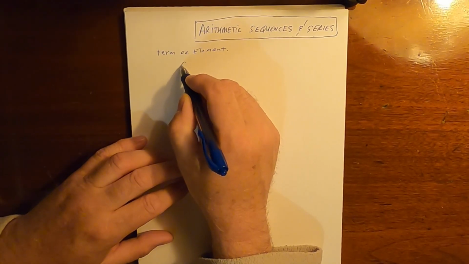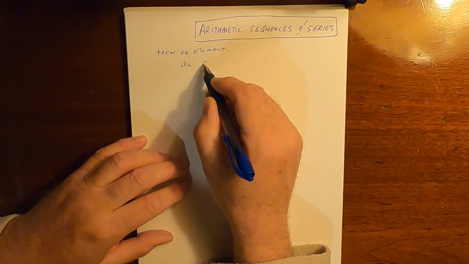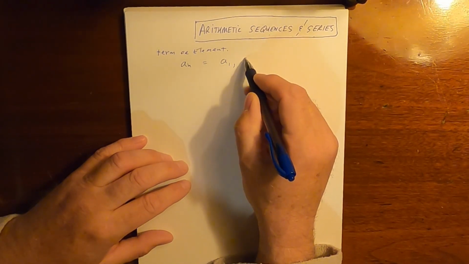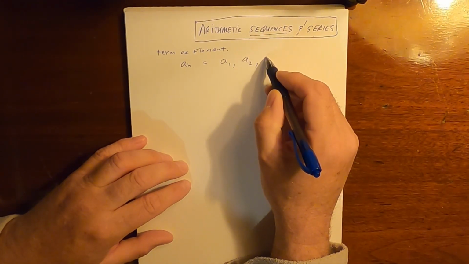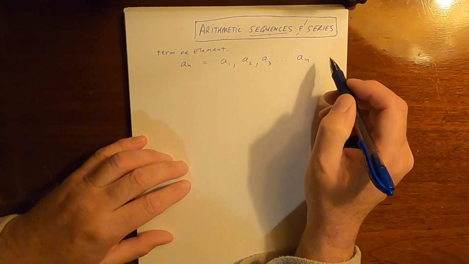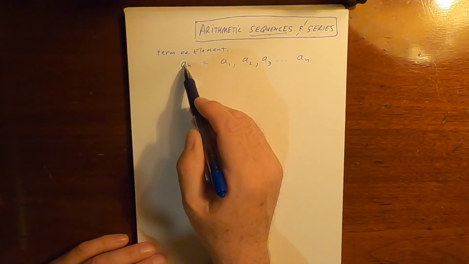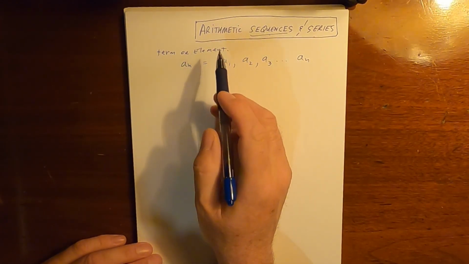So, for instance, a_n is like all of them, but then that comprises all this: a_1, a_2, in terms of a sequence would be separated by commas, a_3, and up to a_n, however that sequence or series is defined.